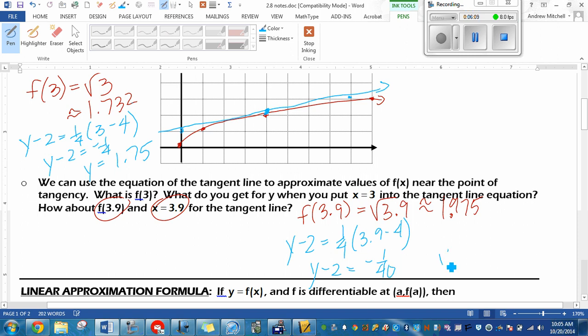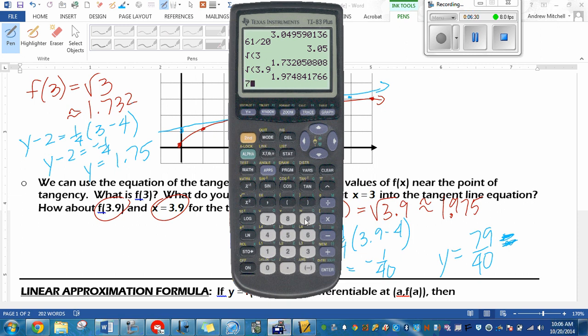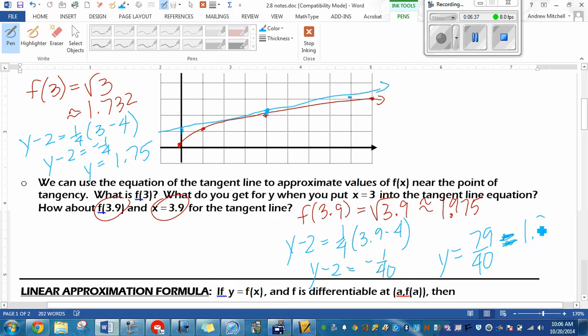Add 2 to both sides. Well, 2 is like 80/40, plus negative 1/40, we get 79/40. So this would be our approximation using the line. Actually, we don't need approximately equals signs, but let's take those as equal. Let's see what we get if we do 79 divided by 40. 1.975, which is exactly what we had, rounded to 3 decimal places.